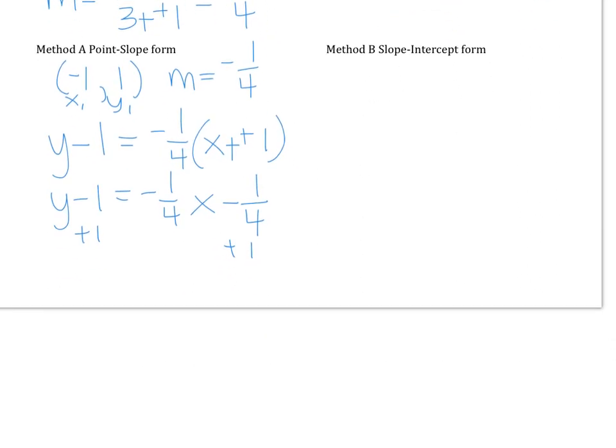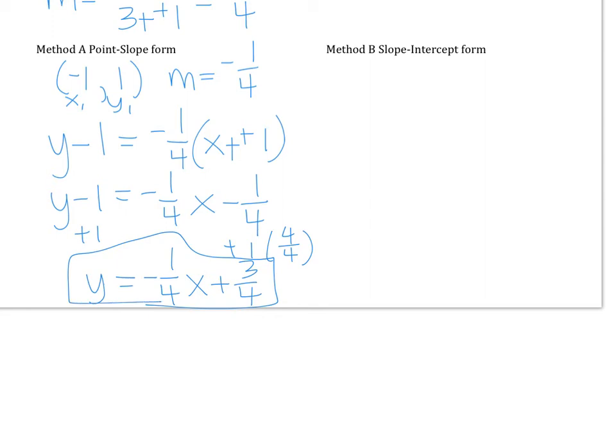If we recall, 1 is the same as 4 over 4. So 4/4 minus 1/4 is 3/4. Okay, so that's one way you could do that.